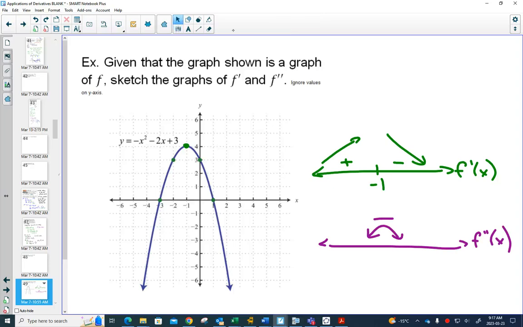I need to sketch the graph of f prime and f double prime. On f prime, I know that at -1, it's going to be 0. To the left of -1, it needs to be positive. Interesting.